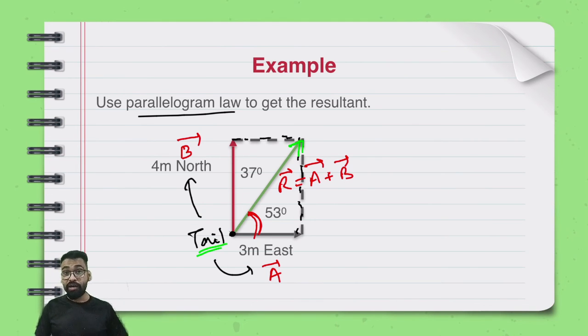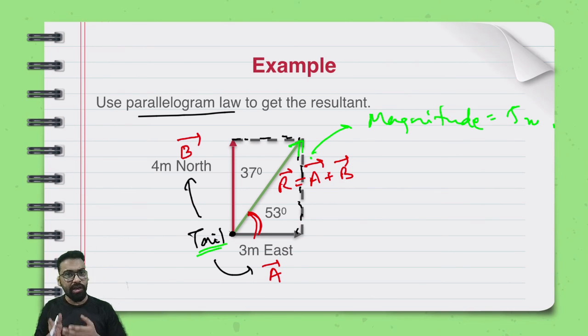So the resultant magnitude will turn out to be 5 meter, because I hope you can see the Pythagoras theorem coming into play, and this angle is 53 degree with respect to east or with respect to vector A.